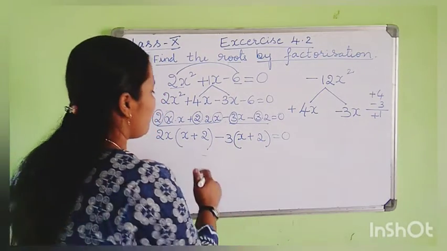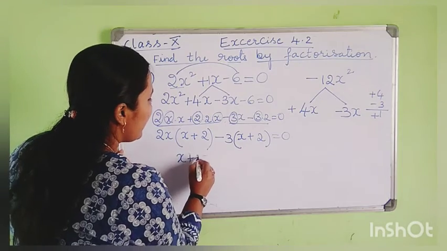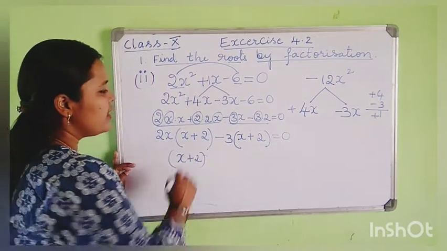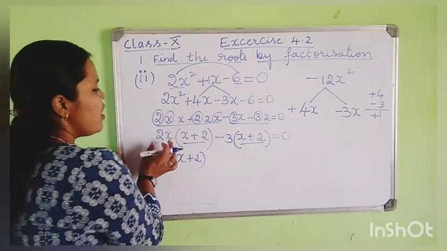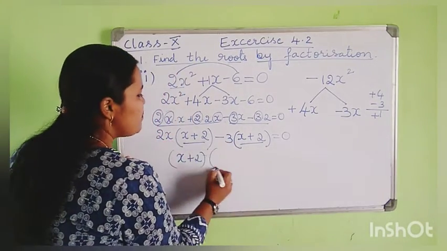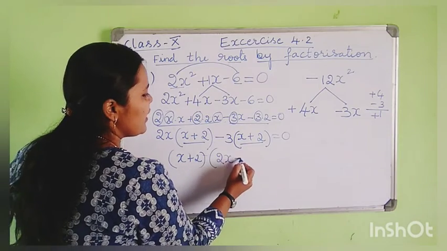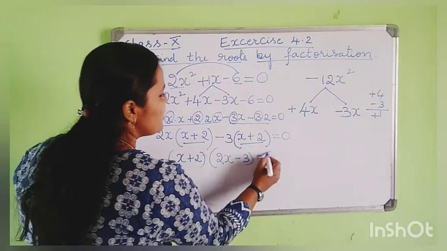In the next step, we can take out common x plus 2. Right? If we take out x plus 2 and x plus 2 on both sides, what are the terms remaining here? 2x minus 3 is equal to 0.